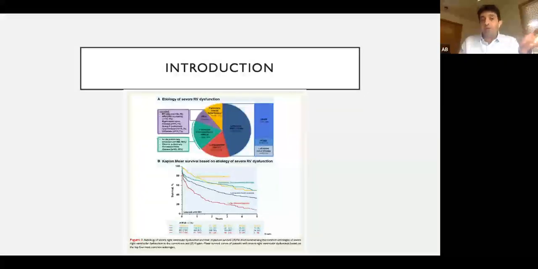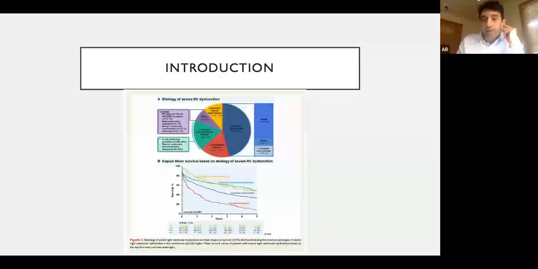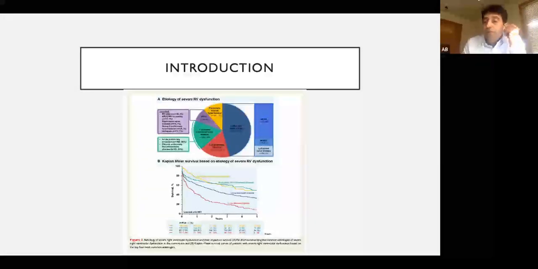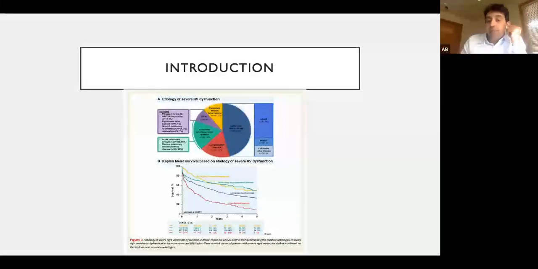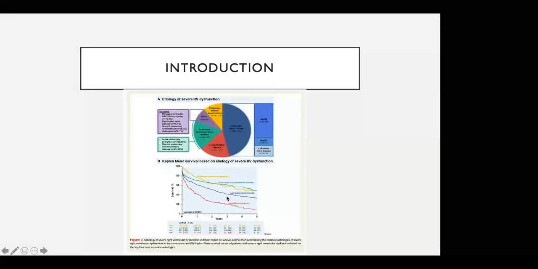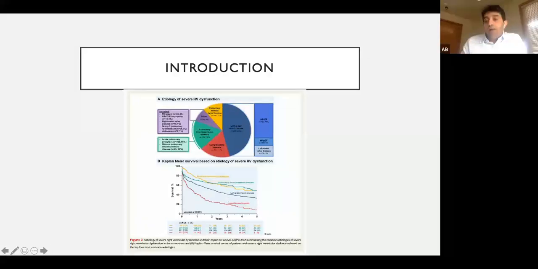No matter which, the majority are related to left-sided heart disease. Some of them, maybe a quarter, are related to lung disease and hypoxemia. And you see from the Kaplan-Meier curve that the survival of those patients with severe RV dysfunction is somehow related to the etiology.